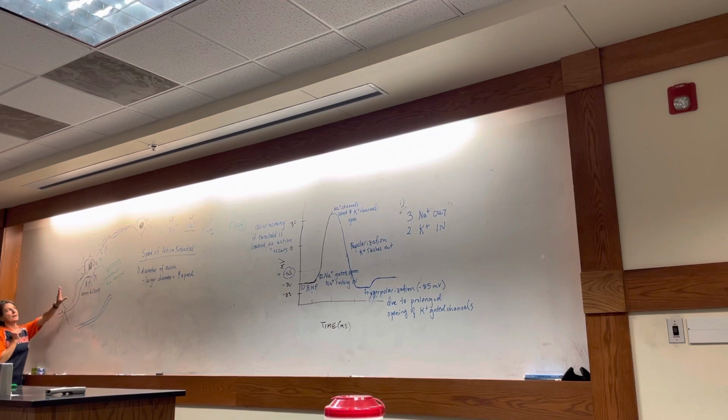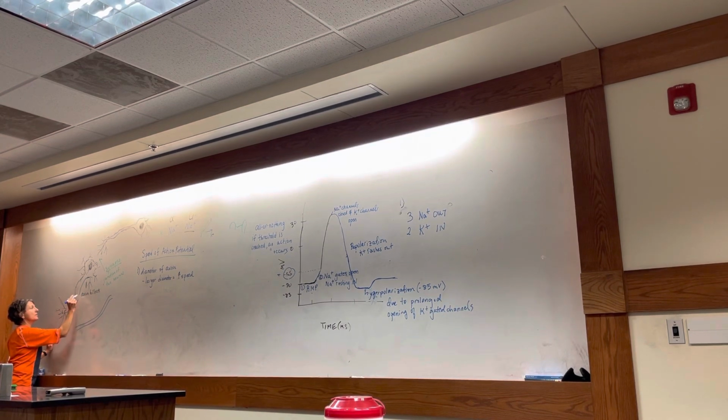You have to remember that a neuron is a cell. So it has cytoplasm, there are organelles on the inside, there are different kinds of proteins on the inside, there are other ions on the inside. What I'm drawing here along the axon are voltage gated ion channels.